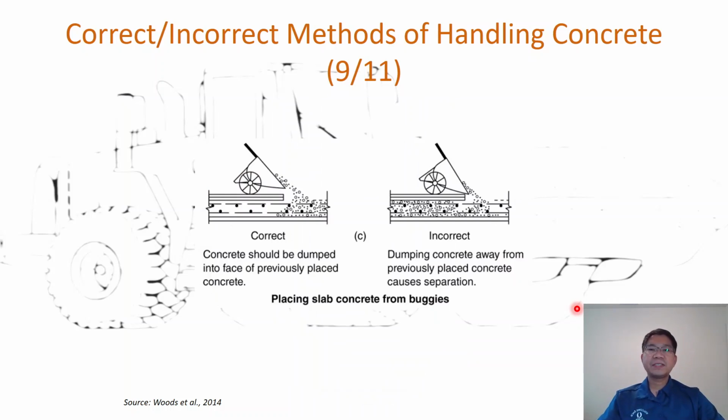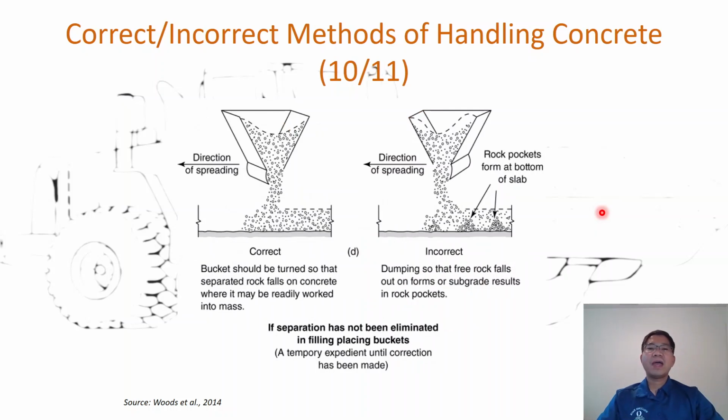And instead, you have to place the concrete from the previously placed concrete going back, and cannot go far away from the concrete already placed, as shown on the right. And same here, when you have a chute, the direction of spreading both go to the left, as you can see there.